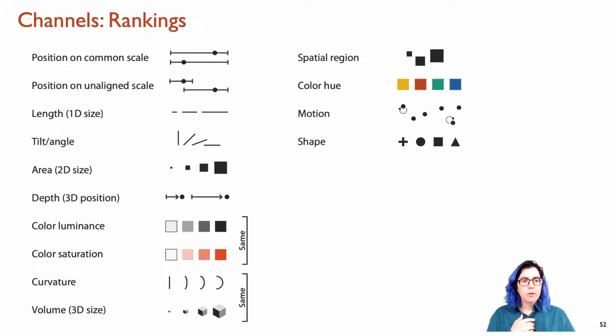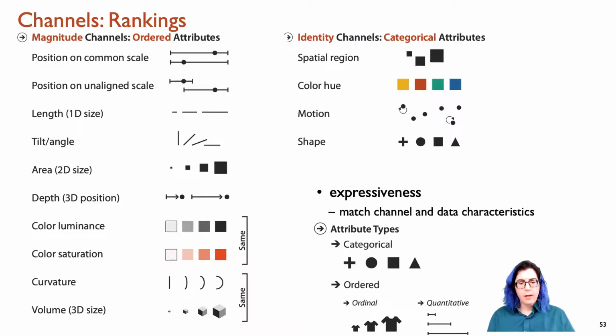Okay, so how do we pick which channel to use? The answer is it's complicated, and people have thought long and hard about this, and there is a lot we know. For one thing, a key point is expressiveness. Some of these channels have characteristics that need to match up with the data. Specifically, all the ones on the left side are the magnitude channels. These are channels that show how much in a fundamental way to your perceptual system.